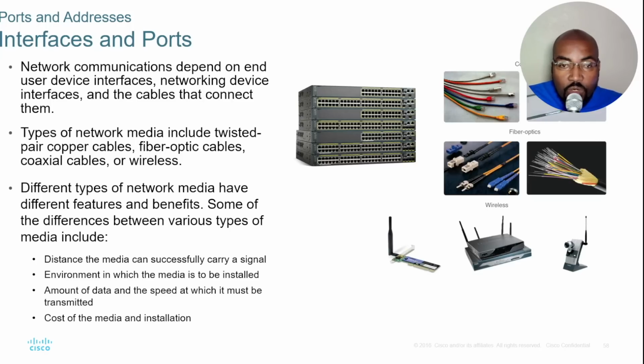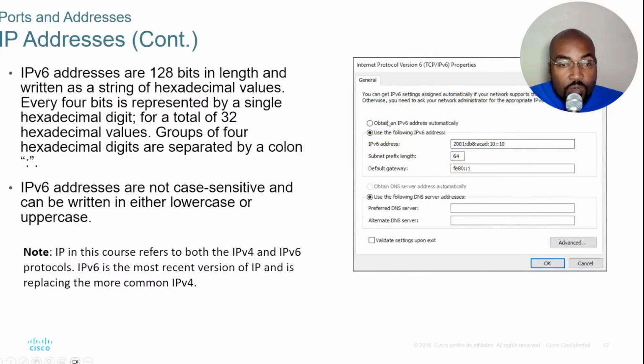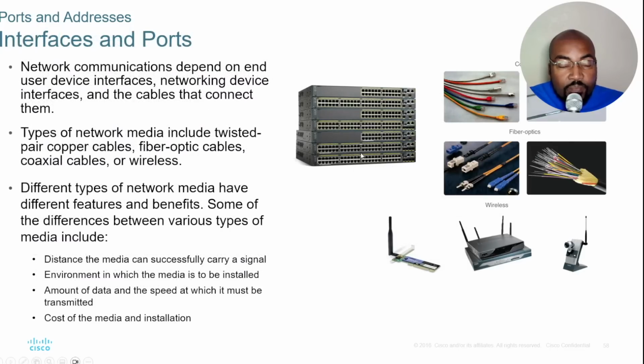Typically, in your home you're probably using Wi-Fi wireless, or Ethernet cabling with RJ45 connections. Some of the bigger companies have big switches, like I showed you at the beginning of this video, because they have multiple buildings that need to be connected.